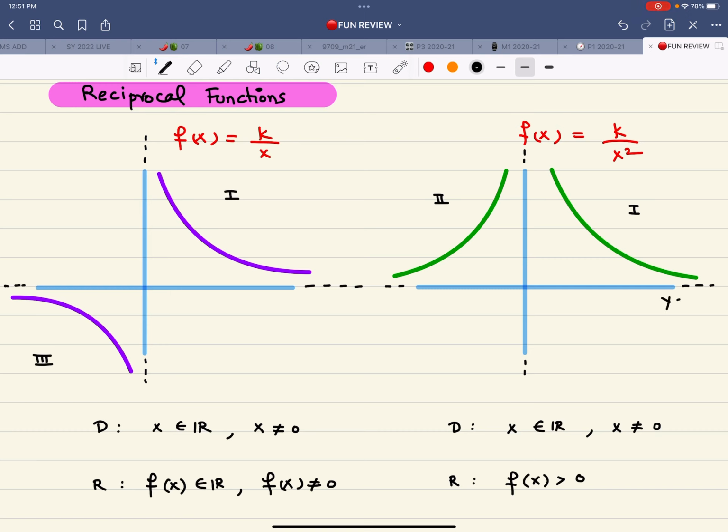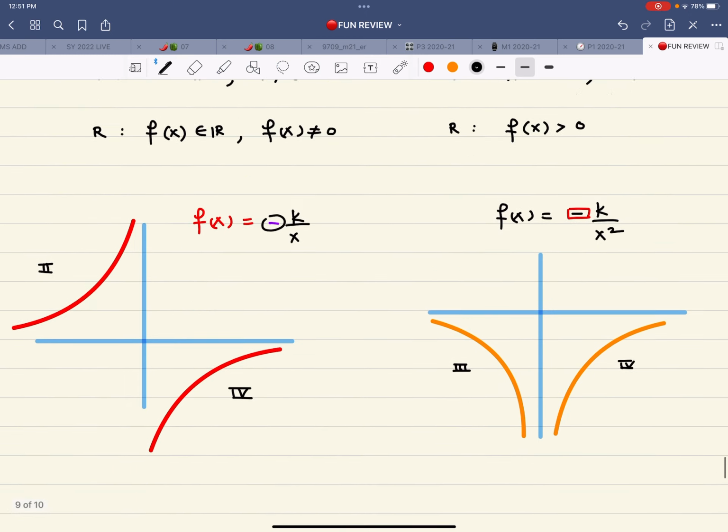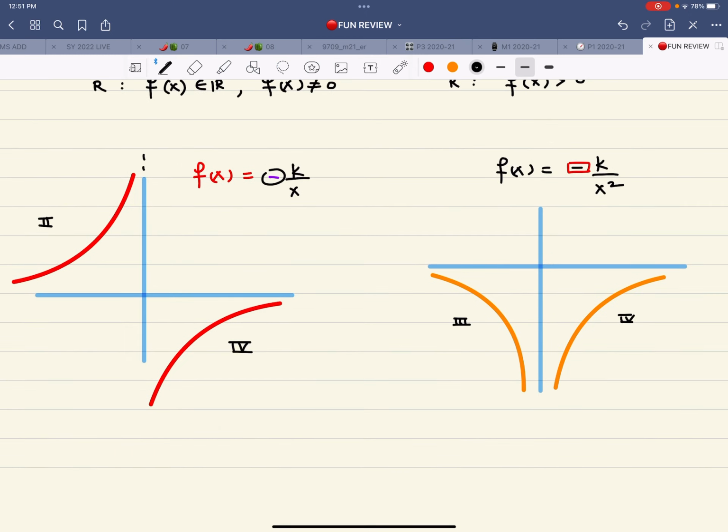The x-axis is y equals 0, the y-axis is x equals 0. The same goes over here, because when we do the transformation, we're also going to take care of it. This is y is 0, this is y is 0, this is x is 0, this is x is 0.